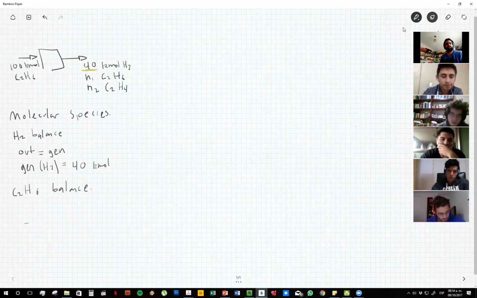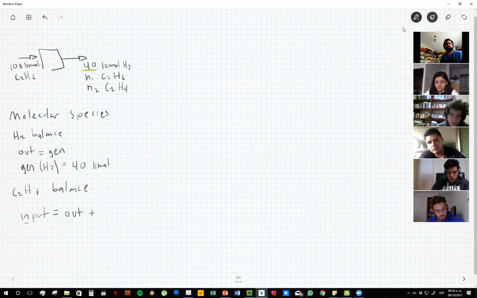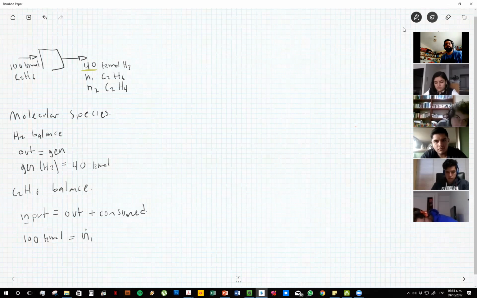So the input is going to be equal to the output plus whatever was consumed. We know the input, we have 100 kilomoles of it. The output is exactly what we want to find, N1 with a dot, plus what was consumed.